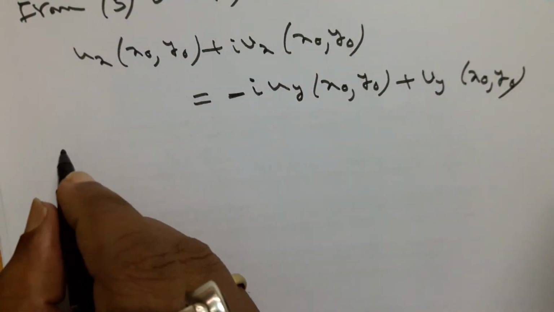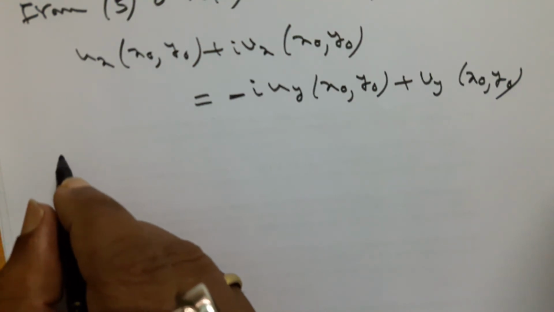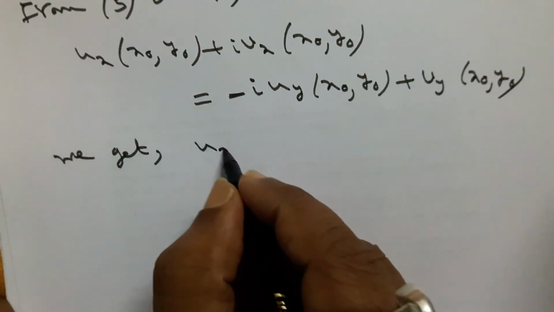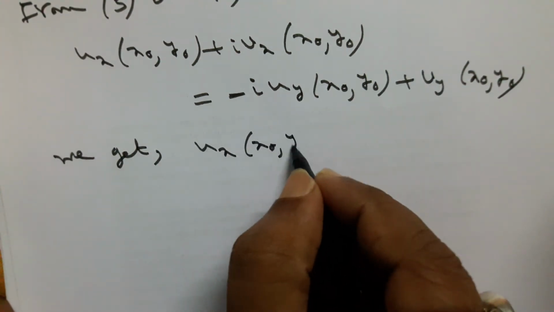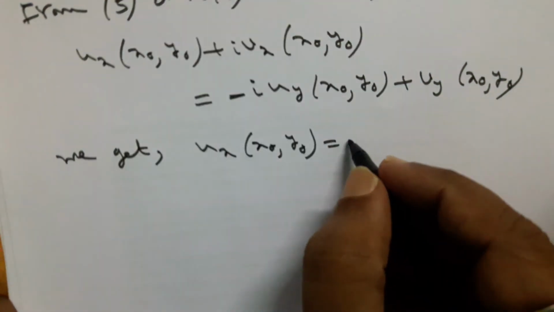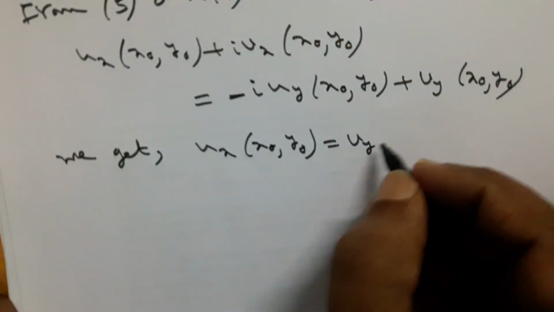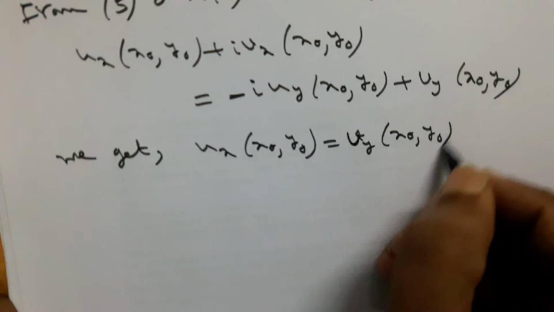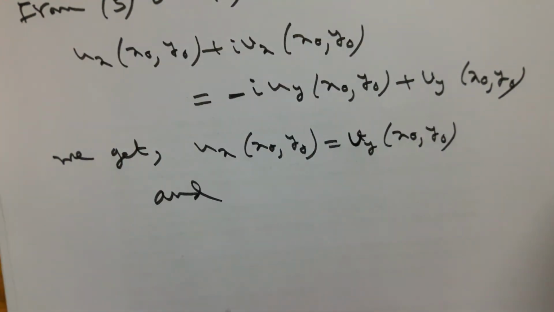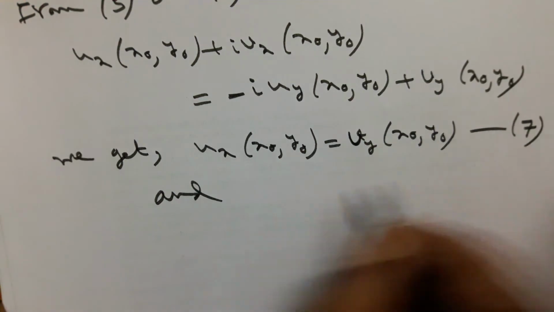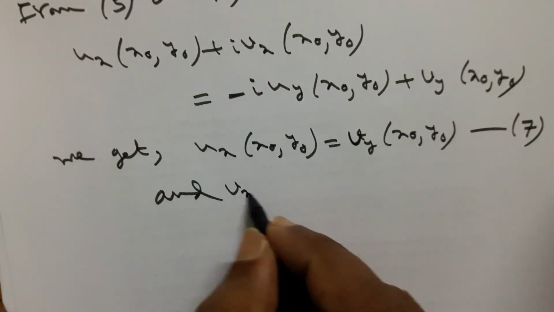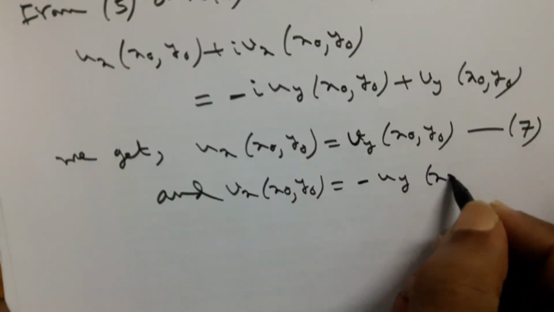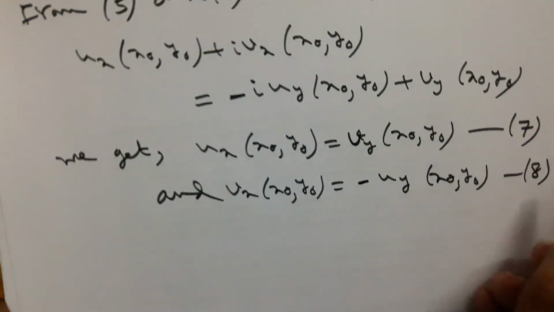Now equating the real and imaginary parts, we get ux of x0, y0 equals vy of x0, y0, taking it as equation number 7, and vx of x0, y0 is equal to minus uy of x0, y0, taking it as equation number 8.